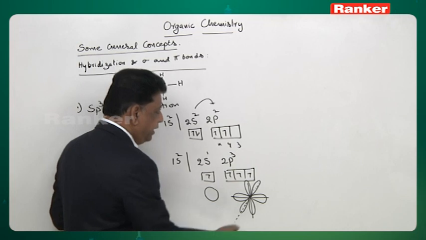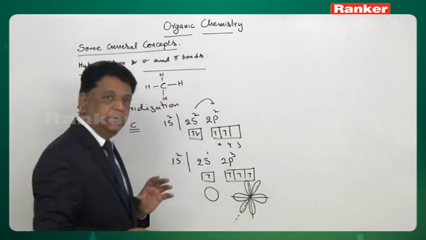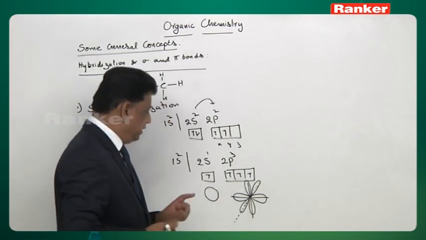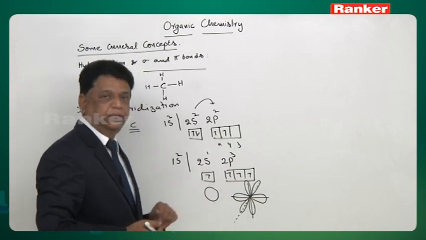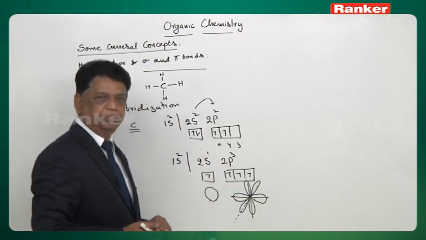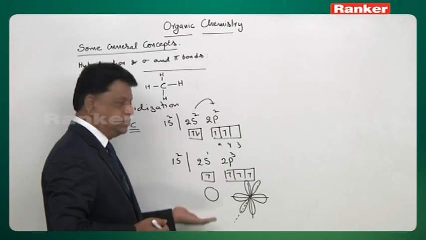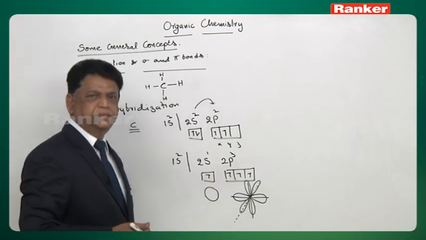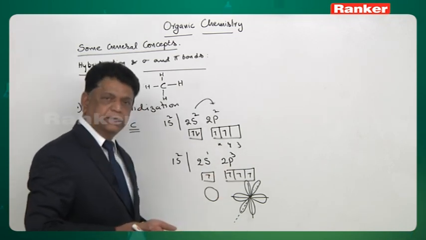So, px, py, pz are all dumbbell shaped orbitals. The s orbital is round shaped, so their shapes are different, and energetically also the s orbital is of slightly lower energy, more stable than the p orbitals.